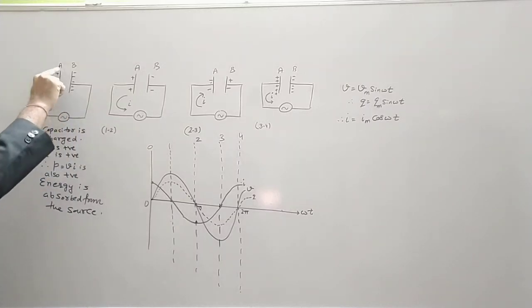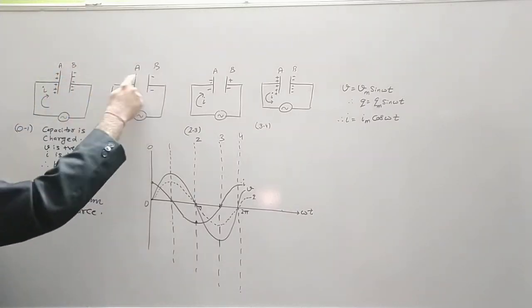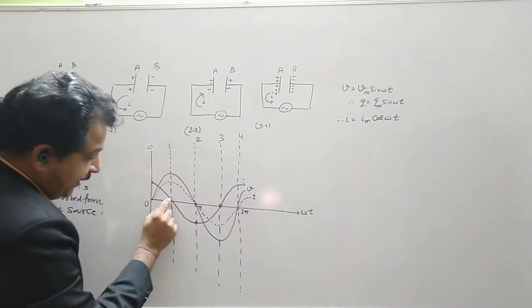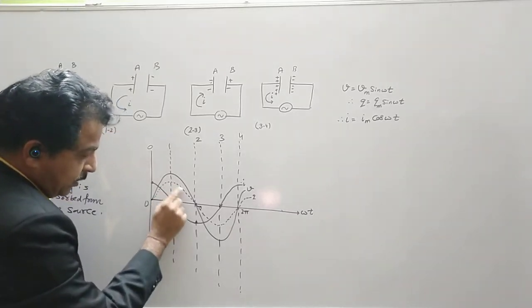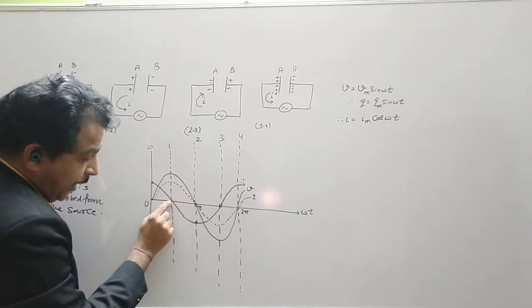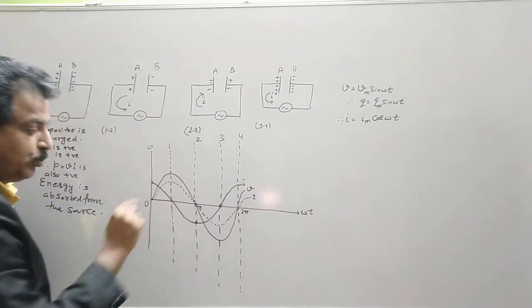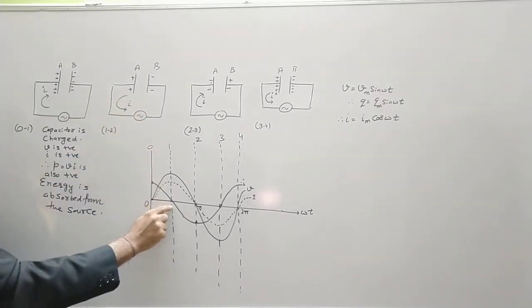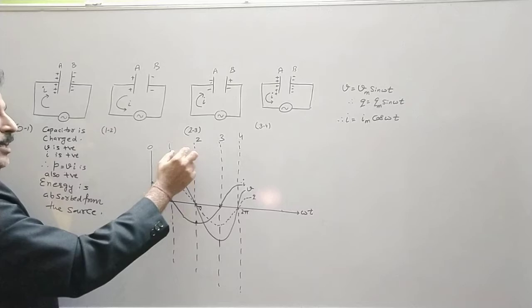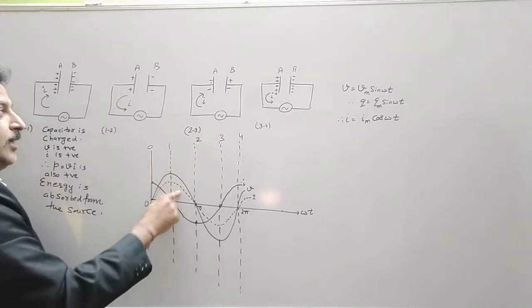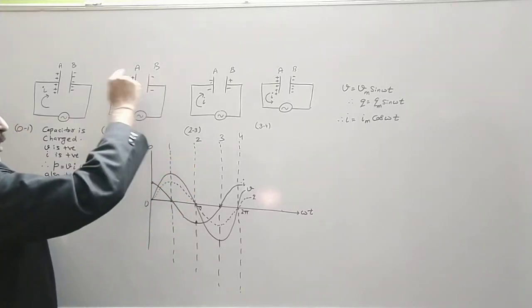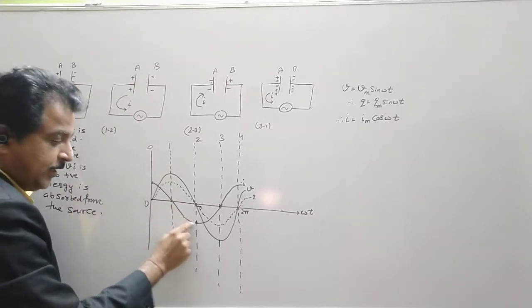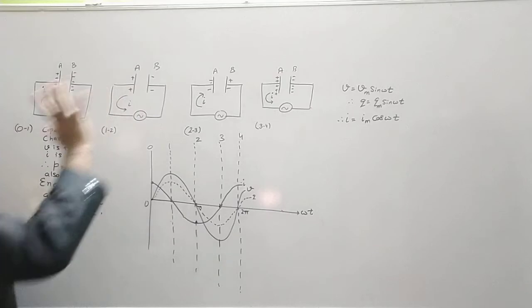First it was shown from A to B, now it is from B to A, because the charge is now decreasing and the current is increasing in this portion, but the direction of the current is reversed. So see the graph simultaneously, from 1 to 2 the charge is decreasing, and the current is again increasing but in the opposite direction.